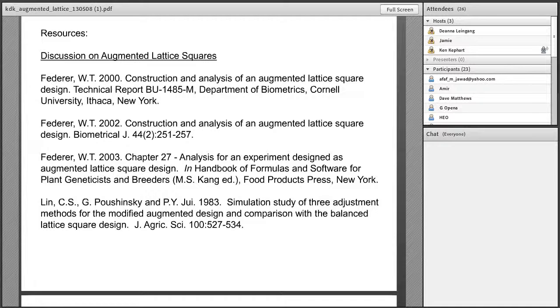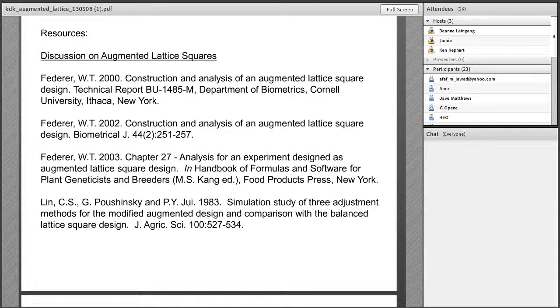I do have some resources listed concerning the specific discussion on augmented lattice squares, and all of that has been published by Walter Federer, who's noted as kind of the father of augmented designs.